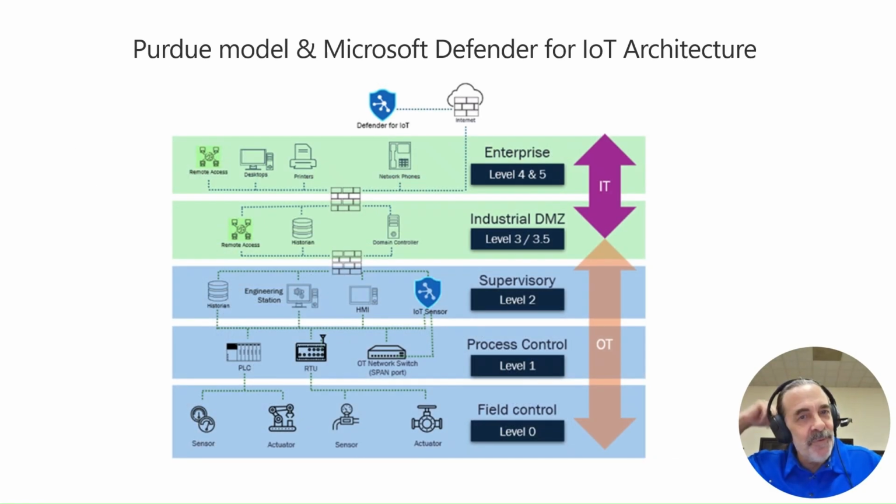So I mentioned the Purdue model a bit, and not every customer has their devices segmented in this model. The Purdue model has down here in the process control network the actual sensors, the PLCs doing the work, talking to the machines, actuating, getting the temperature sensing, getting the data from the sensors, sending instructions to the robotics.